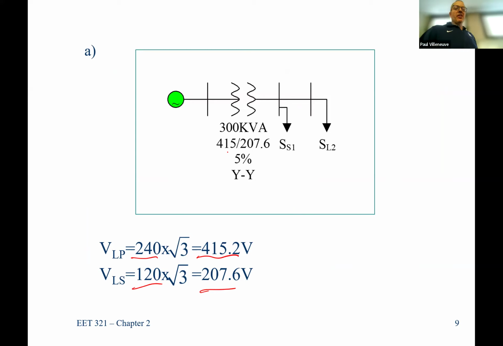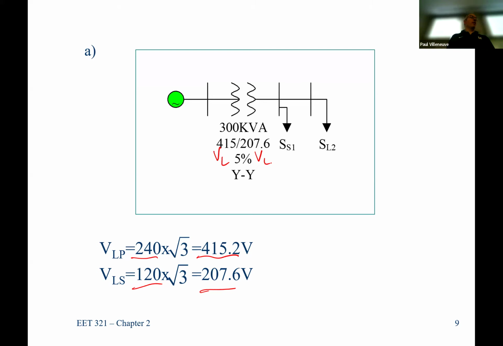So if I want to represent this as a three-phase transformer, three 100 kVA transformers are capable of doing 3 times their nominal amount, so 300 kVA. And this is the line voltage that I would specify across the transformer.